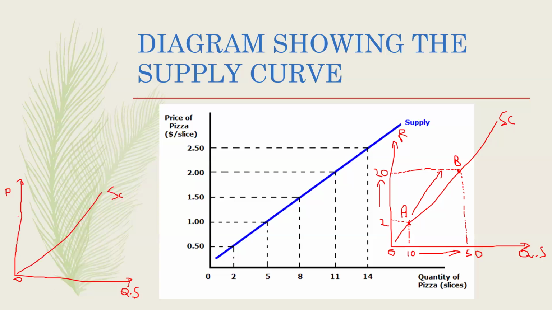Let me say my original random price was $5, giving us a quantity supplied of, let's say, 10. But if the price were to decrease from $5 to, let's say, $3.